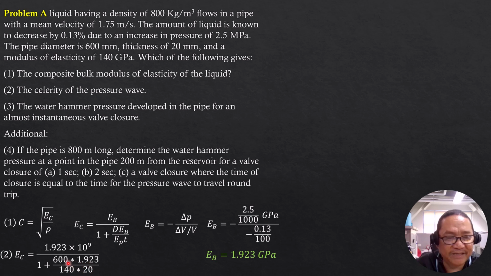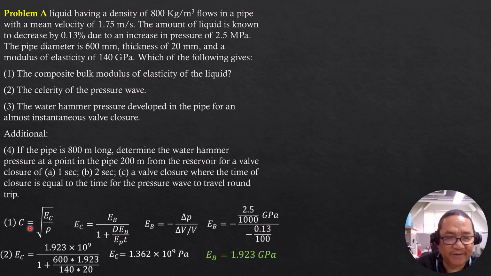The units here are consistent, this is unitless. So the result would be in pascals also, times 10 to the 9. So E sub C is 1.362 times 10 to the 9 pascals.